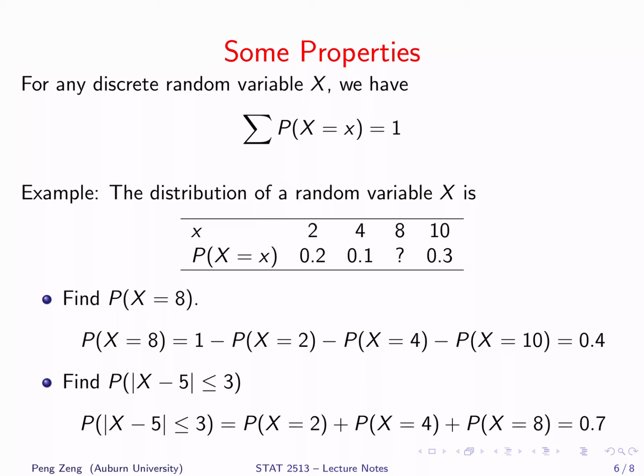We may simply replace X by each of its values to see whether the inequality holds. We can find that only 2, 4, 8 make this inequality hold, and 10 does not. Therefore, we add the probabilities corresponding to the values 2, 4, and 8. That is, the probability is 0.2 plus 0.1 plus 0.4 equals 0.7.